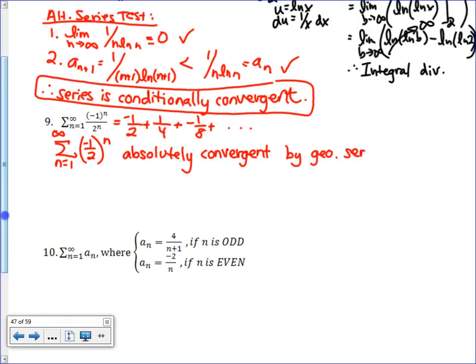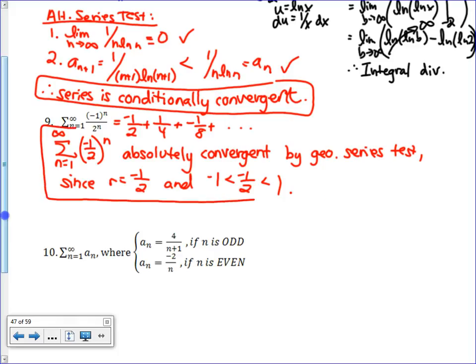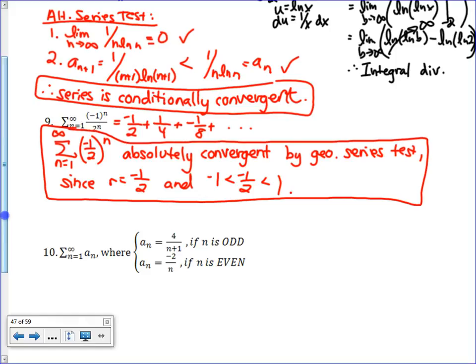By geometric series test, since r is equal to negative 1/2, and technically, if I was doing it the old-fashioned way, just to show you, wait a minute, geometric series could have said yes. And when it says yes, it says absolutely convergent, yes.